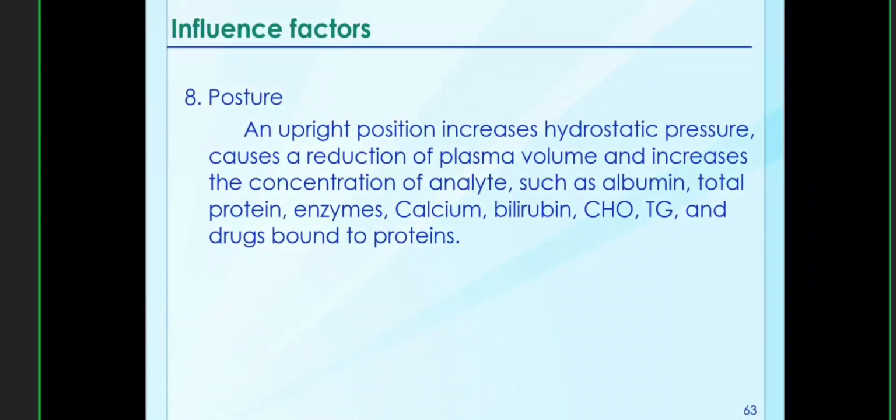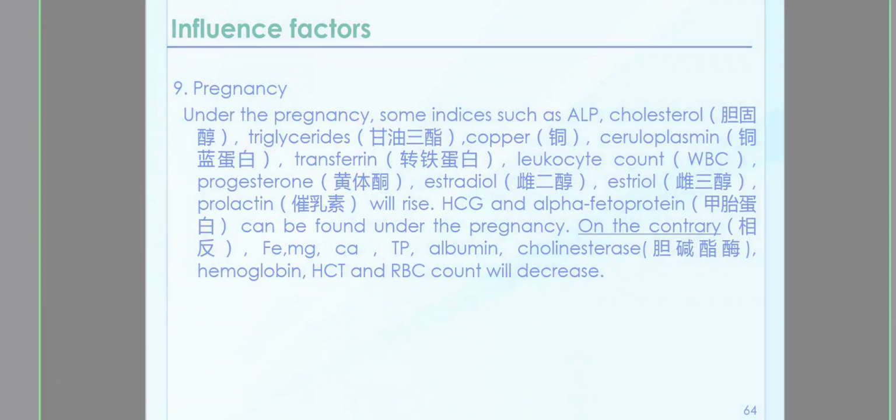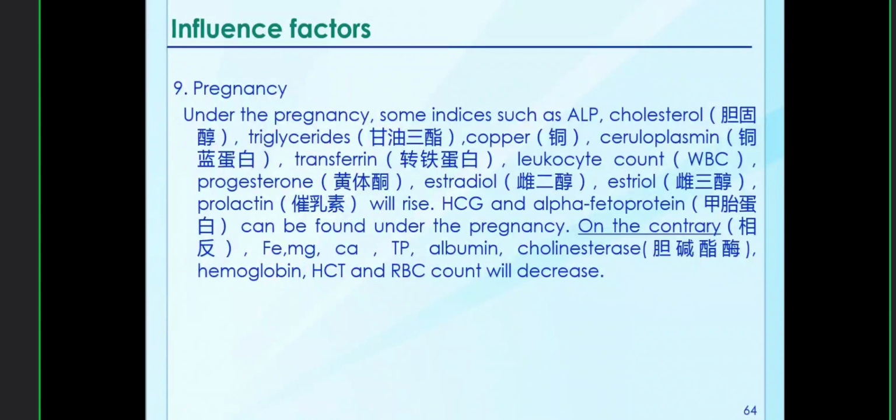Next one is the posture. So an upright position increases the hydrostatic pressure, causes a reduction of the plasma volume, and increases the concentration of the indices such as the ALP, cholesterol, TG, copper, and the cellular-plasmin, transferrin, and leukocyte count, progesterone, and estradiol, and estriol, prolactin, whereas HCG and alpha fetoprotein can be found under the pregnancy.